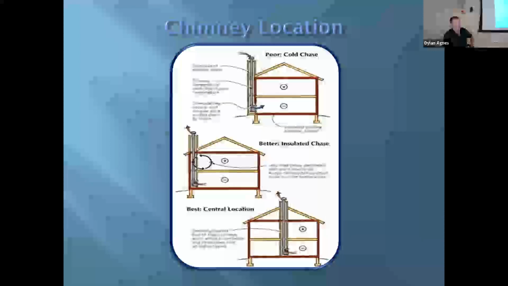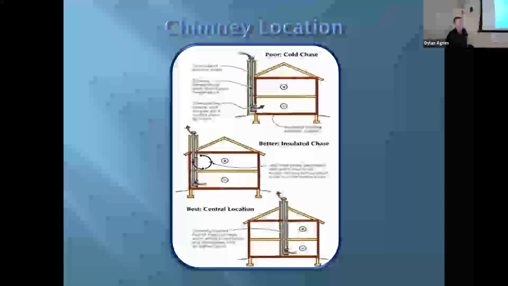The other problem that we run into, and this is really, really common on old houses, is the chimney is outside. I've talked about it in my other presentations that concrete is a super poor insulator. The R value for an 8-inch masonry wall is 0.68.